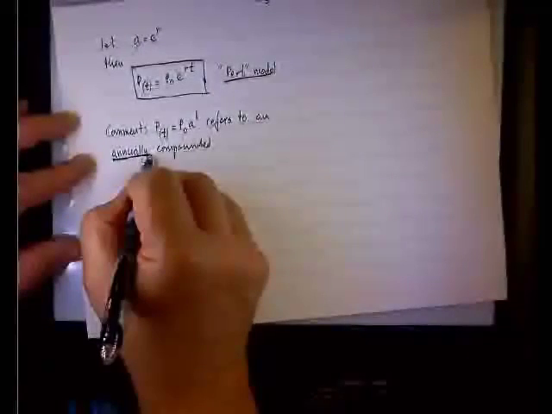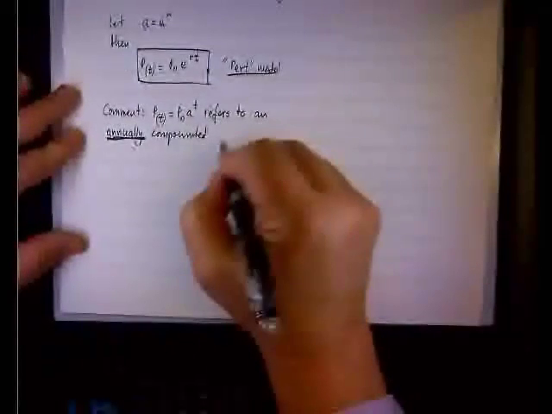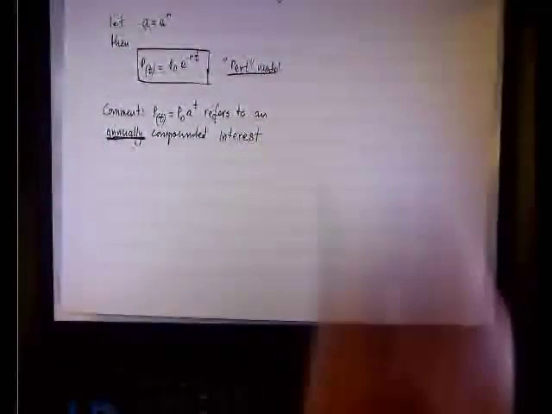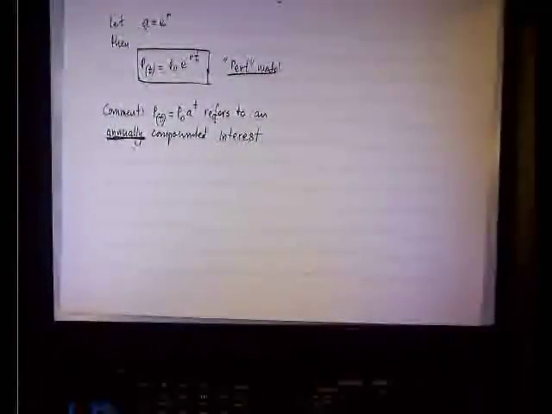On the other hand, the PERT model refers to continuously compounded interest.